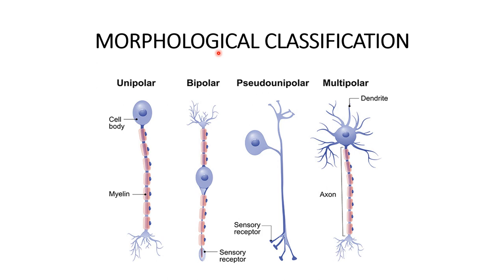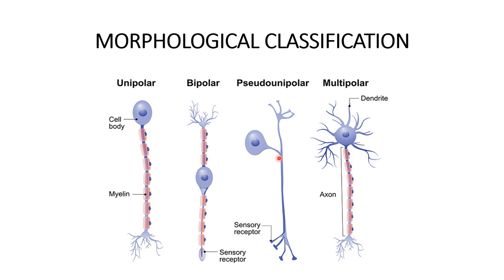Here the neurons are basically divided into three types: unipolar, bipolar and multipolar. The unipolar neuron, uni means one, was previously known as pseudo-unipolar neuron.